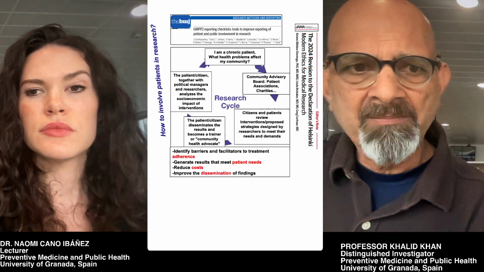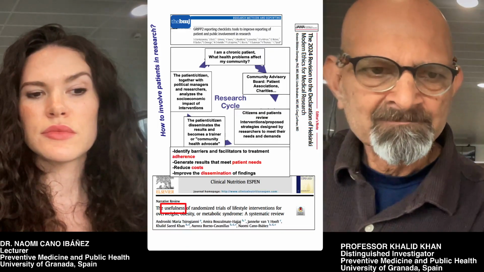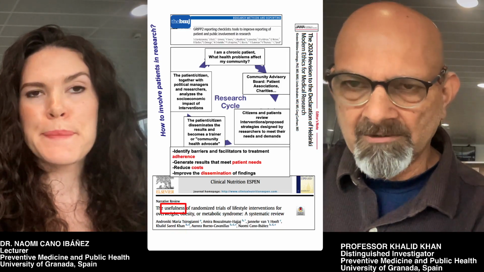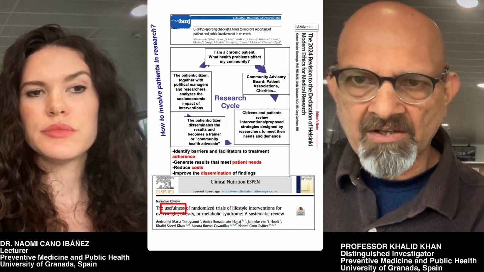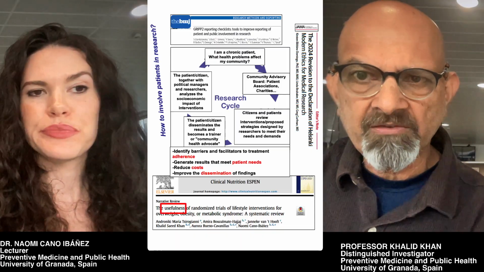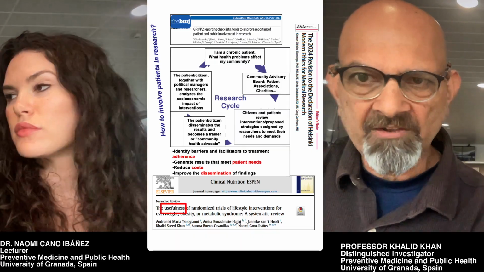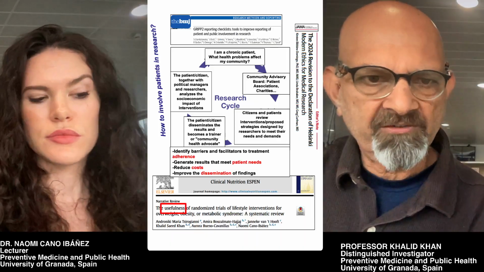So, the key barriers in this regard, in fact, have the potential, if these barriers materialize, to make research less useful. The idea is to maximize usefulness of research through patient participation.